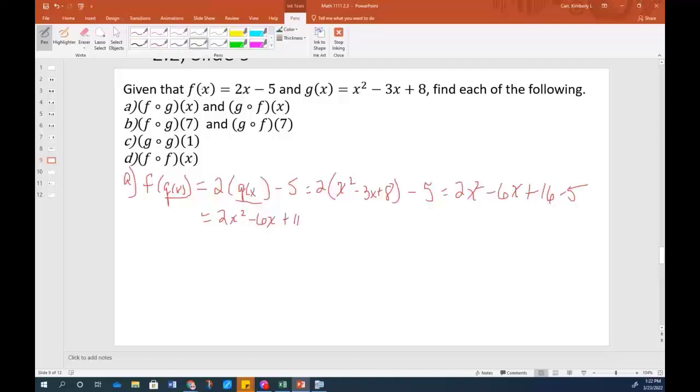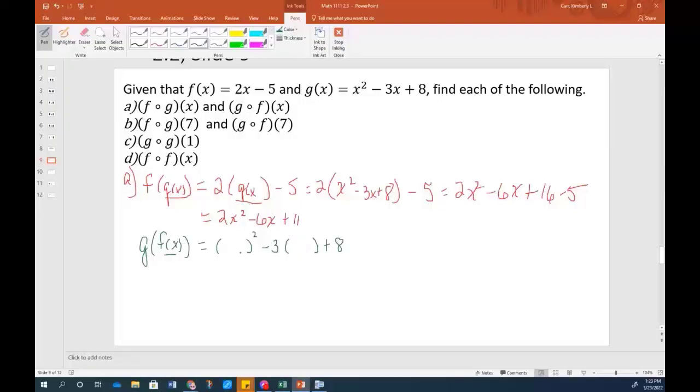Now it also says on part A, do g of f of x. Well, g of f of x means f of x is my inside function. So looking at my outside function g, I have something squared, because x is holding a place for something, minus 3 times something plus 8.